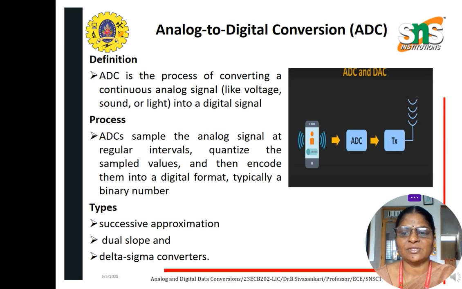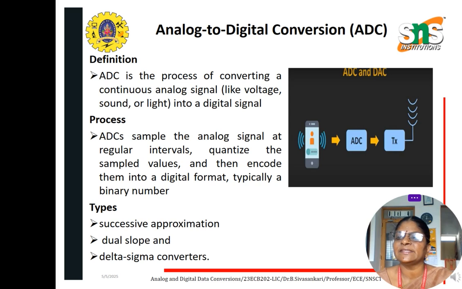In the previous image we saw how the signal is converted for the speakers, and here, from the mobile phone, it is converted by the ADC, that is analog to digital conversion, then passed to the transmitter section, and from the transmitter to an antenna. From that antenna we receive all the data.